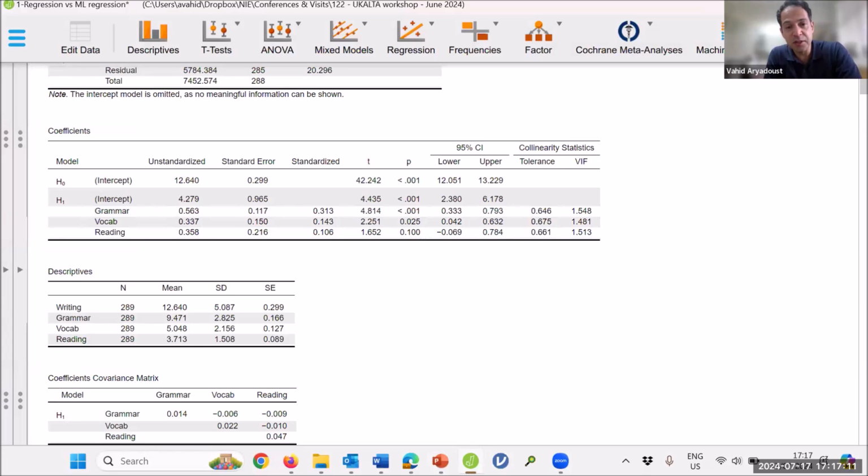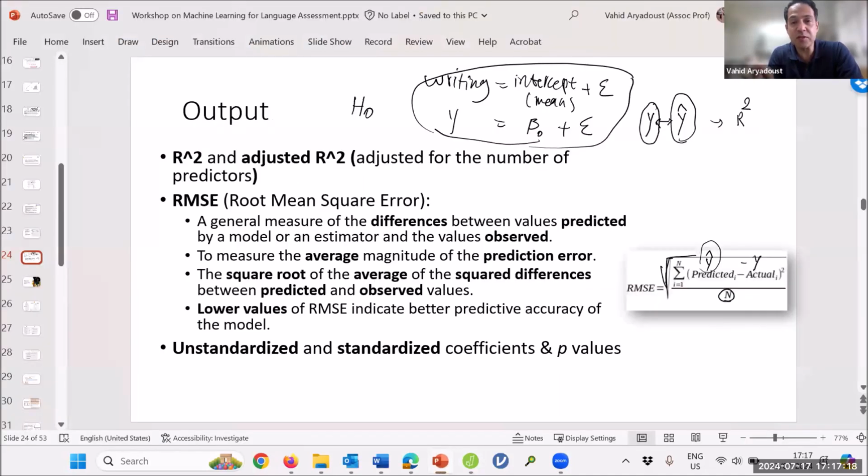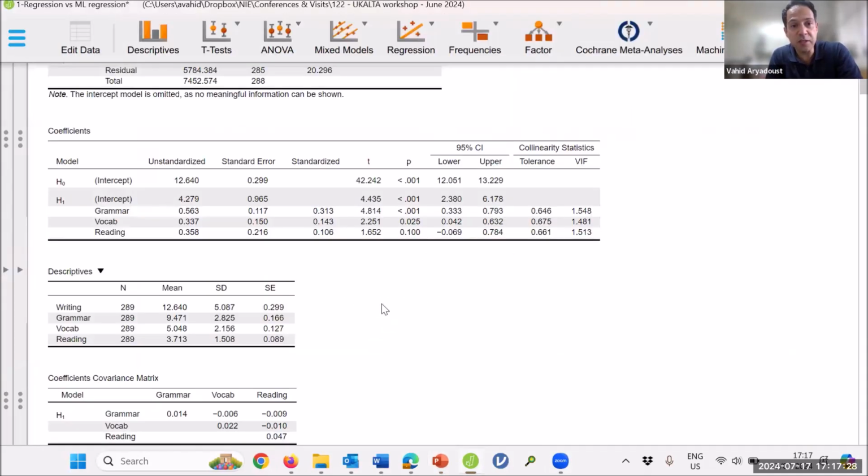It's true. So when the explanatory variables are 0, that response is the mean. Remember, the intercept is the mean of the Y, or the writing variable. If you check the mean score of writing right now, you will see that the mean score is exactly 12.64.